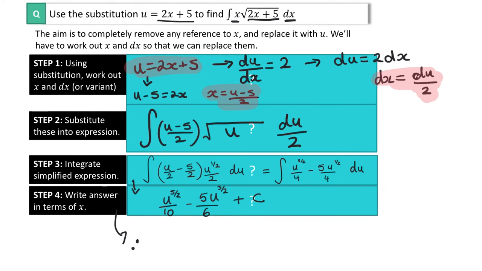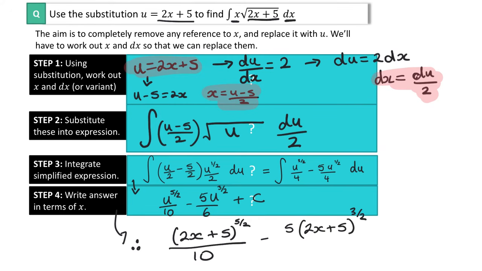So therefore, the final answer is 2x plus 5 to the power of 5 over 2, all over 10, minus 5 lots of 2x plus 5 to the power of 3 over 2, all over 6, plus c. And there we have it. We have now used substitution to help us integrate.